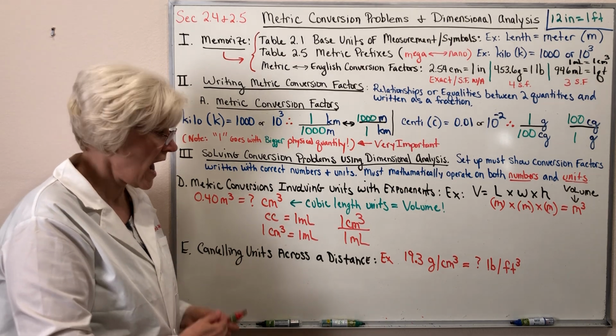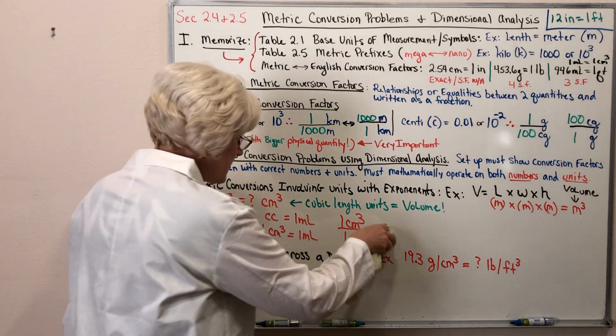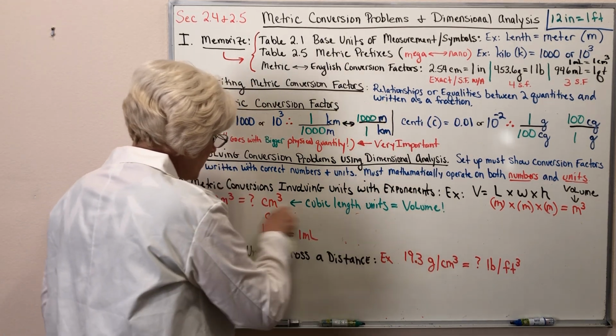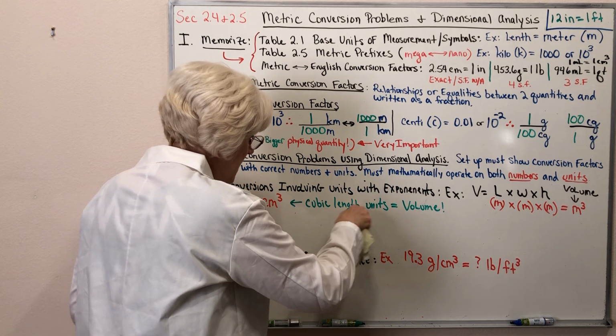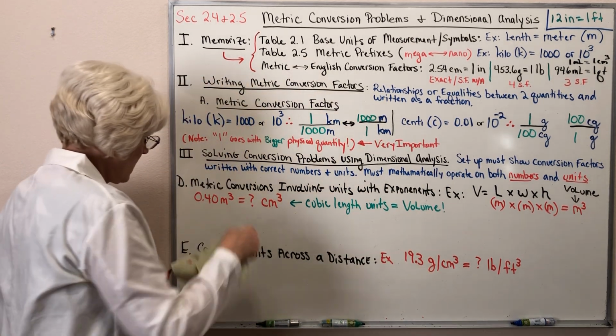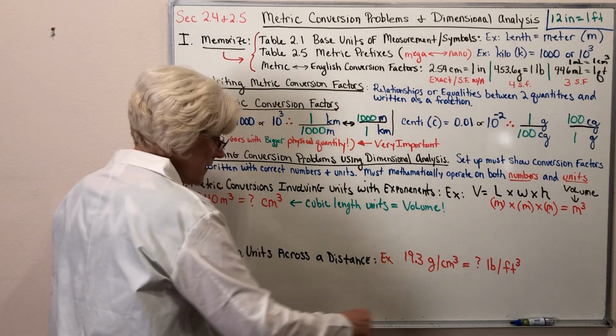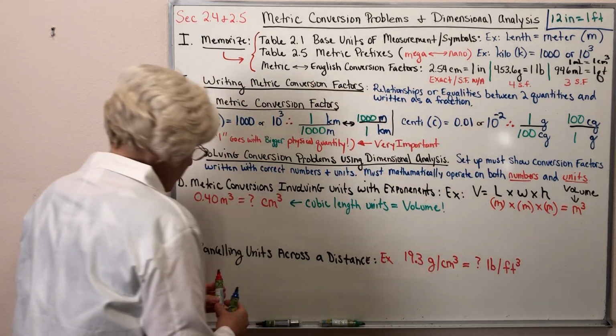Memorize that factor as well. So let's go back to the calculation at hand. Erasing this, giving us space to do the problem solving. 0.4 cubic meters is equal to how many cubic centimeters?